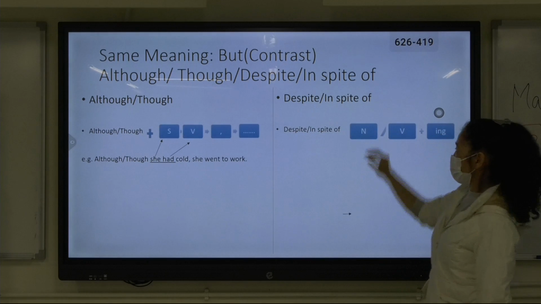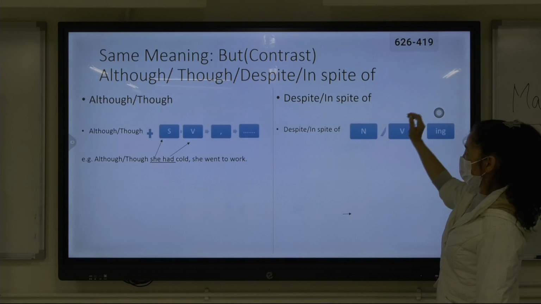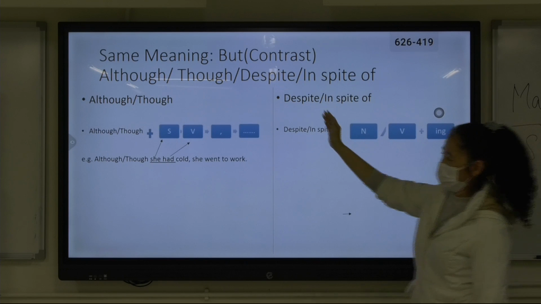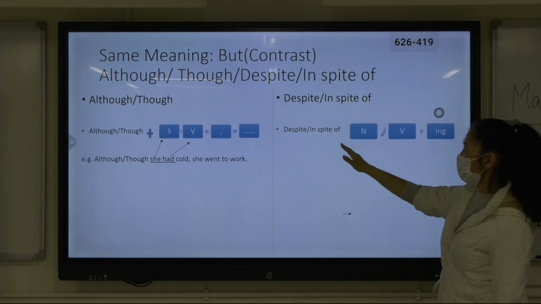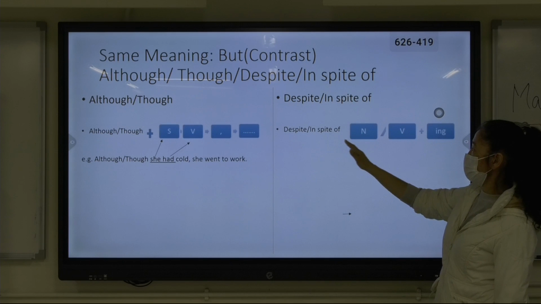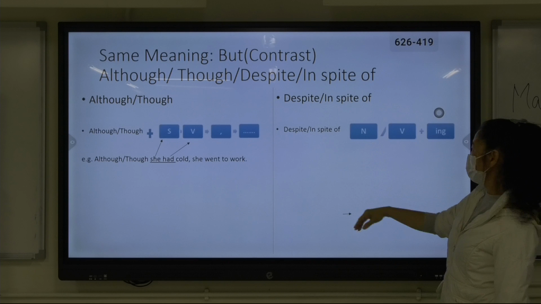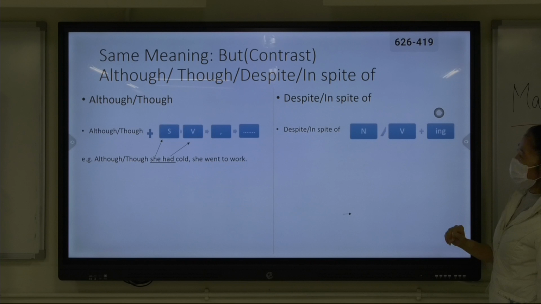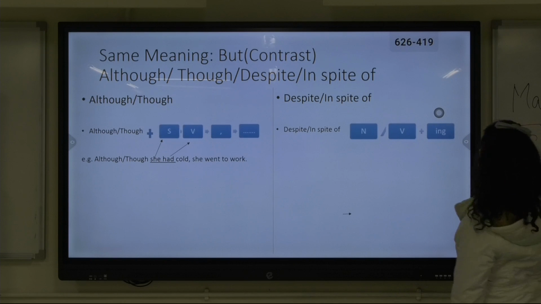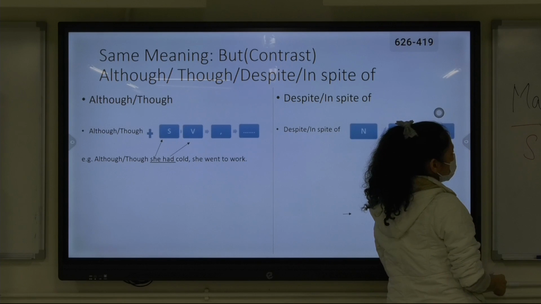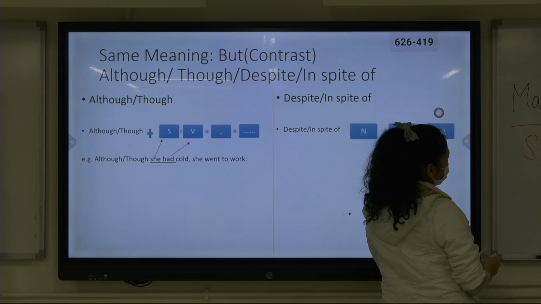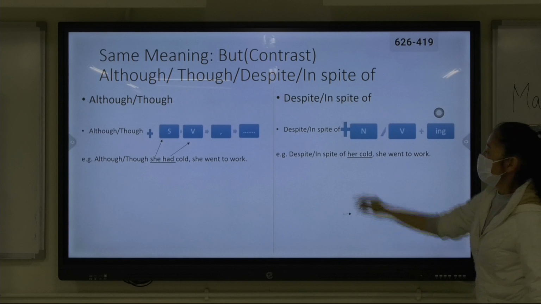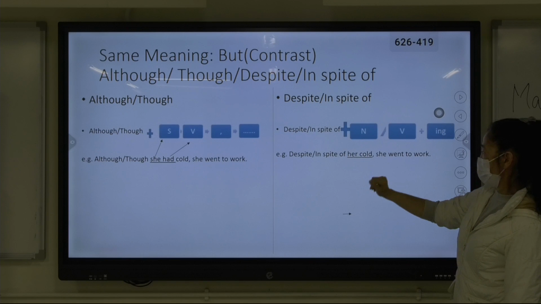As for despite and in spite of, they are different from although and though. After despite and in spite of, they must be followed by a noun or verb plus ing. Let's look at these examples. If it is a noun, I'll show you the example first: despite or in spite of her cold.